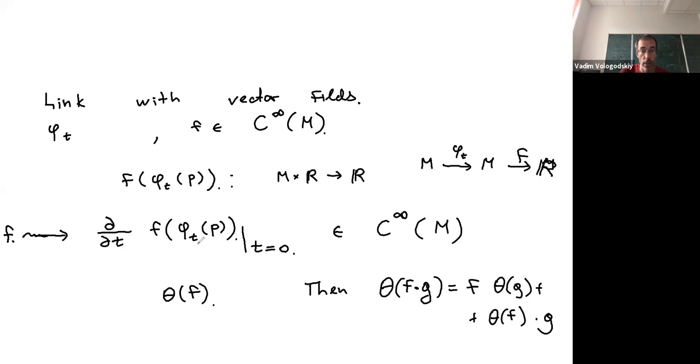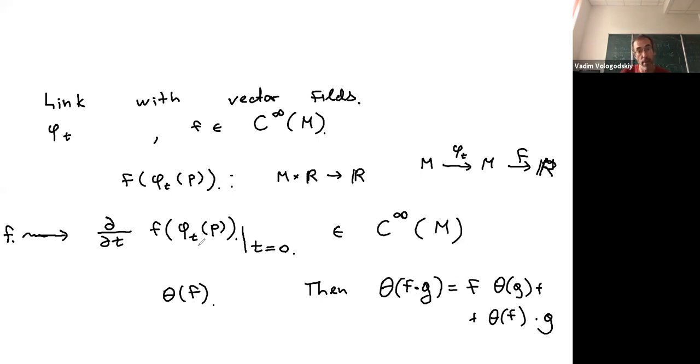Why is this true? First of all, this substitution of phi takes a product of functions to a product of functions, and this derivative with respect to t satisfies the Leibniz rule. So you immediately get this for free.